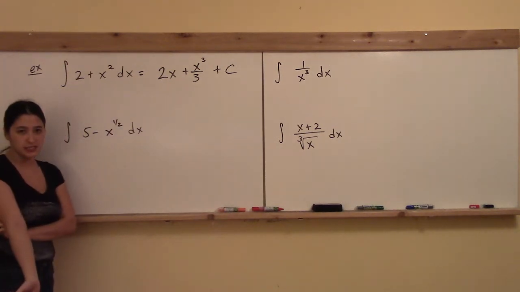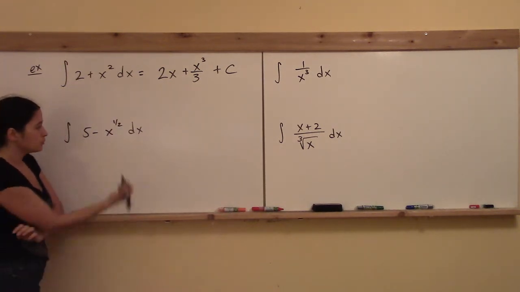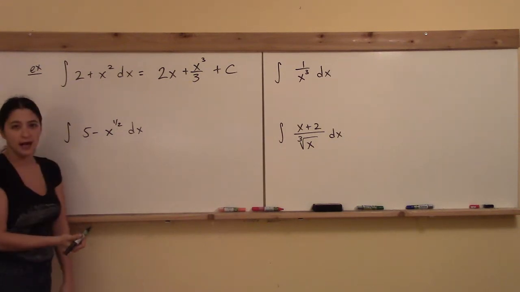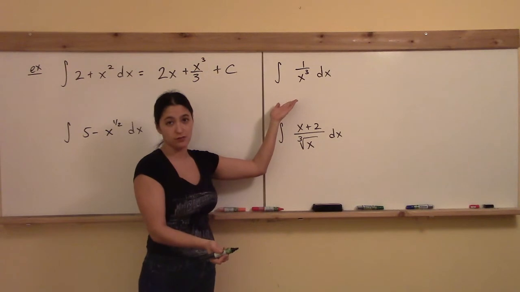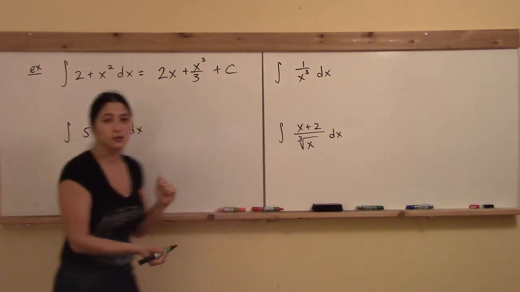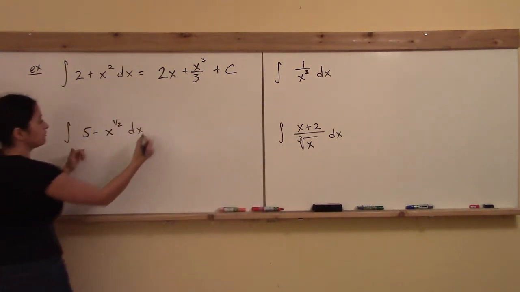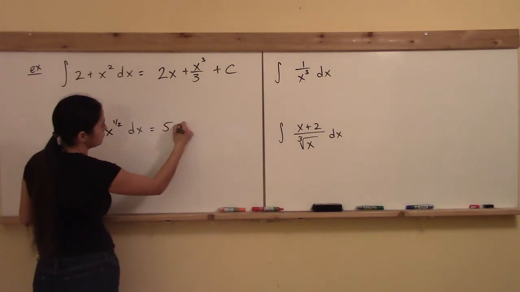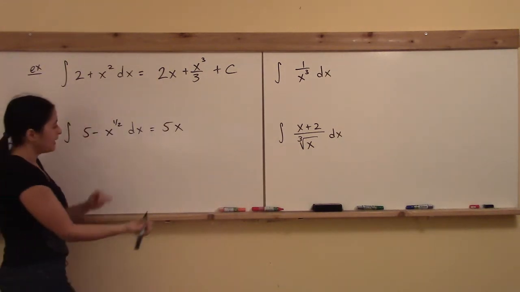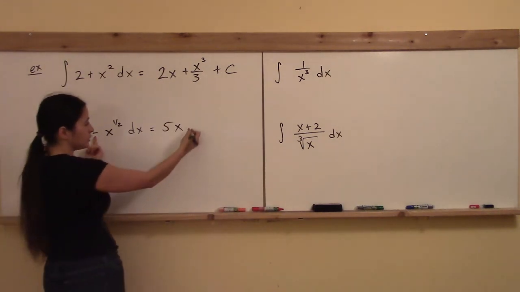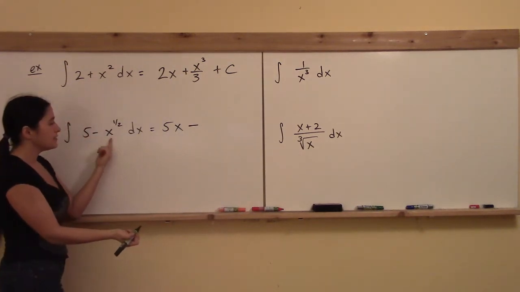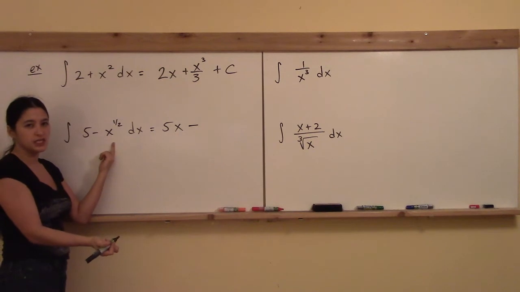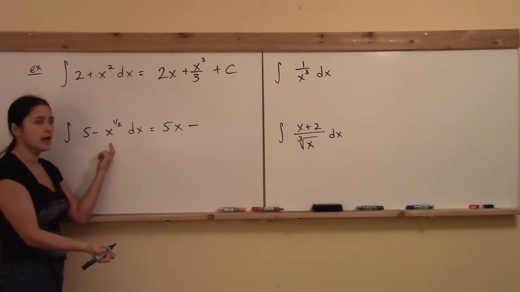That way you can see how you're going to use the power rule where here the n is equal to 1/2. Yes, it works on fractions. Yes, it works on negative numbers as well. Okay, so what's going to happen with this one? Well, the 5 simply turns into 5x, right? And the minus sign, that's a constant multiple, so the minus sign just carries through. And now the challenge is, what is the integral of x to the 1/2?